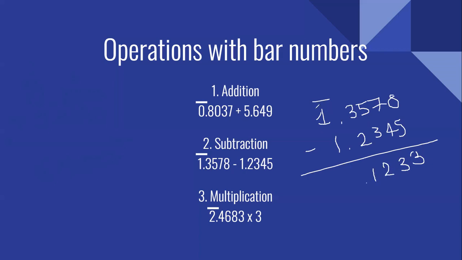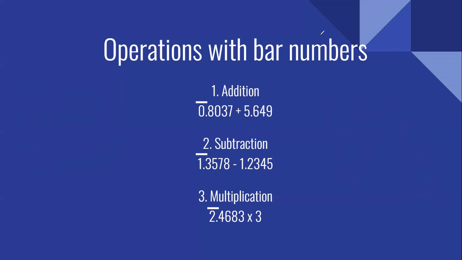And here we have bar 1, which is minus 1. So minus 1 gives you minus 2. So instead of writing minus 2 here, you write 2 and then a bar. Therefore, this is the answer. 2 bar point 1233. This again means that only the 2, which is the characteristic of this decimal, is negative and the mantissa is positive.